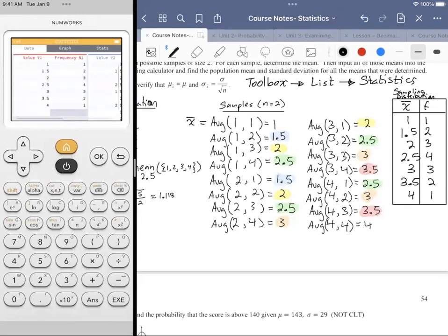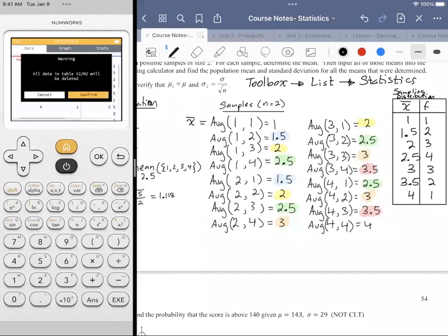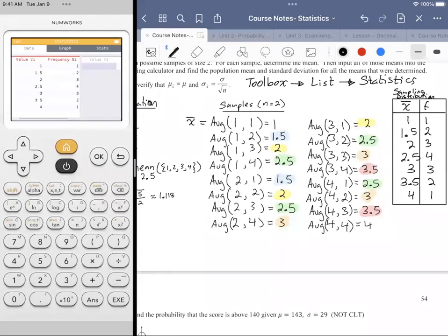All right. And for giggles, I'm going to go ahead and throw in the original population while I'm here. That original population had values 1, 2, 3, 4. And we'll just do a quick side-by-side comparison on the graphs.